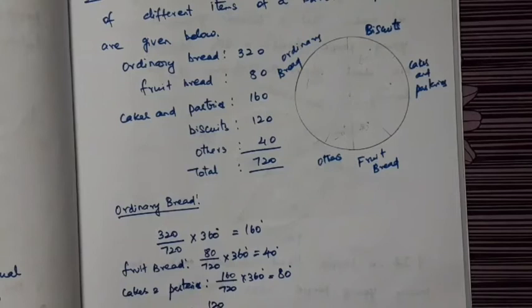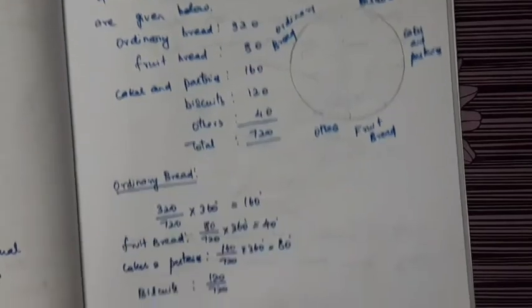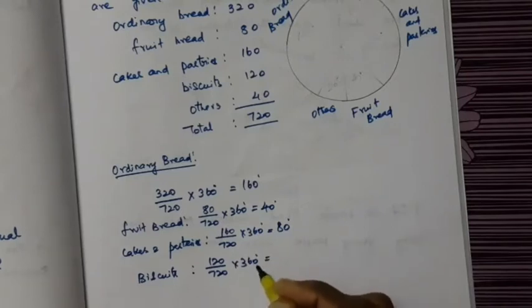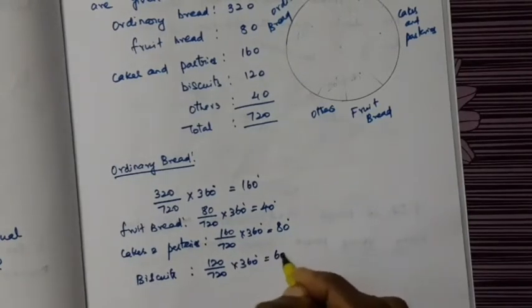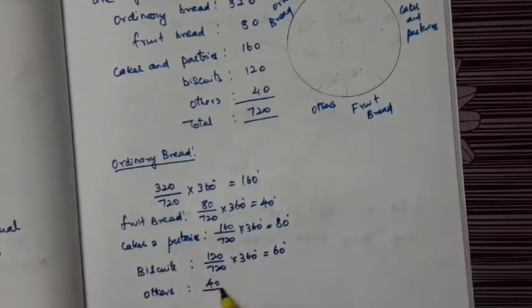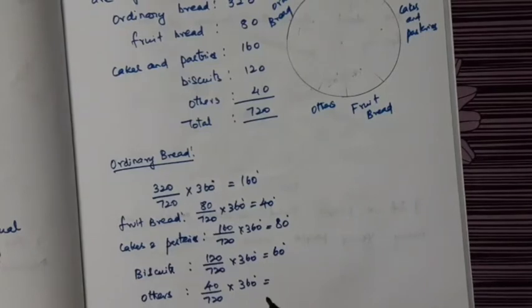Biscuit is 120 divided by 720 multiplied by 360. So that is equal to 60 degree. And others. Others is 40. 40 divided by 720 multiplied by 360. That is equal to 20 degree.